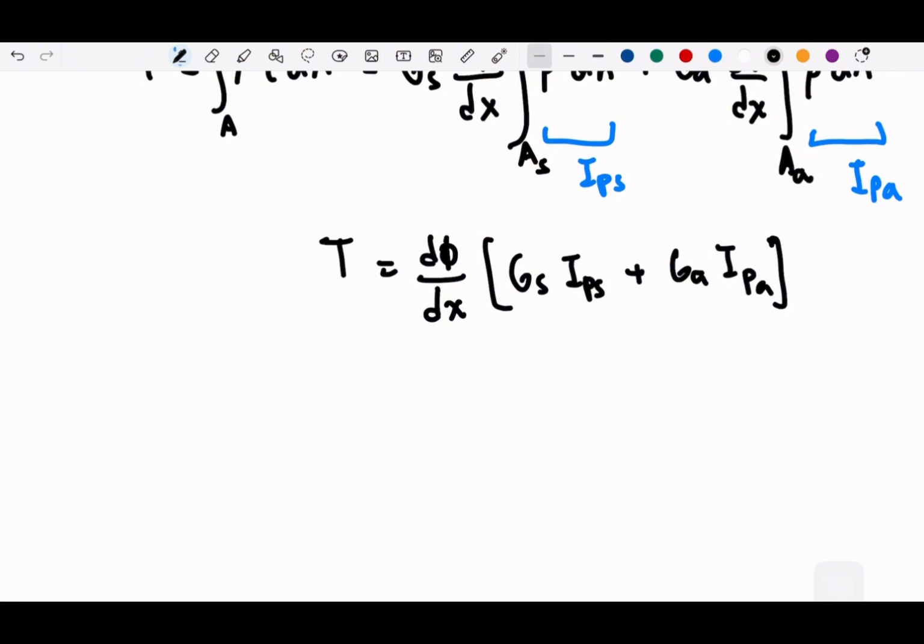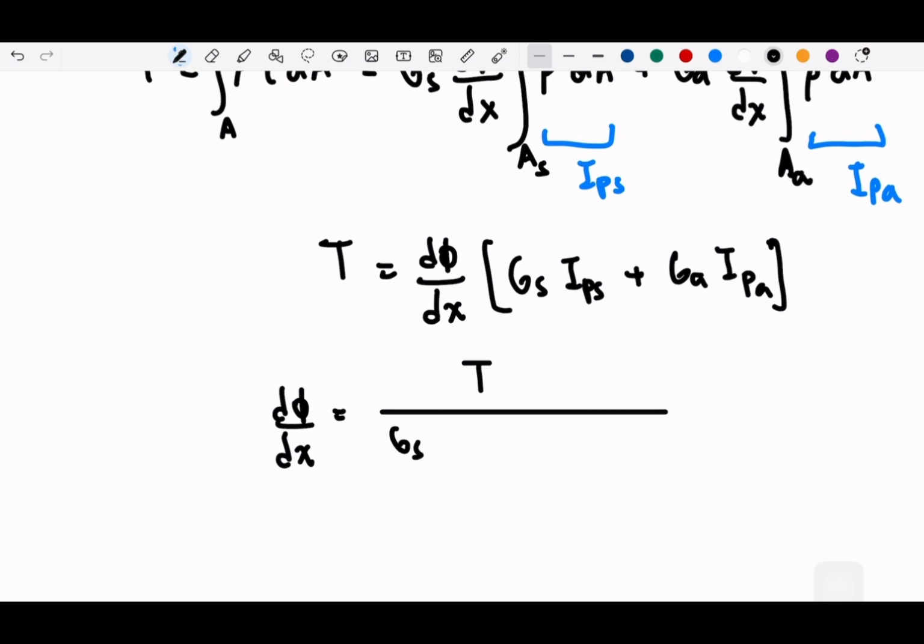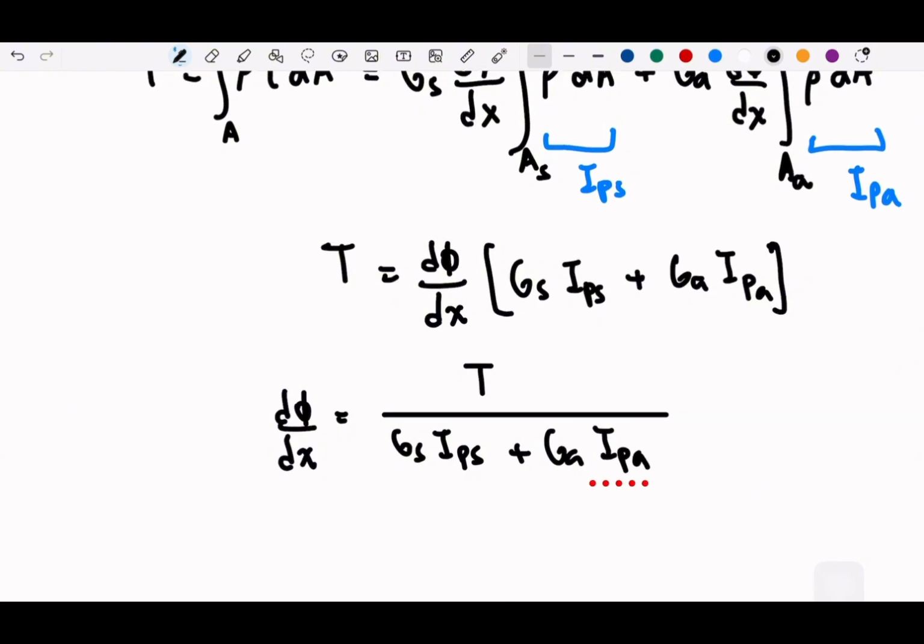So this is the torque, and the twist rate we can get by dividing the torque by G_S I_PS plus G_A I_PA, which we can get from all the information we have.